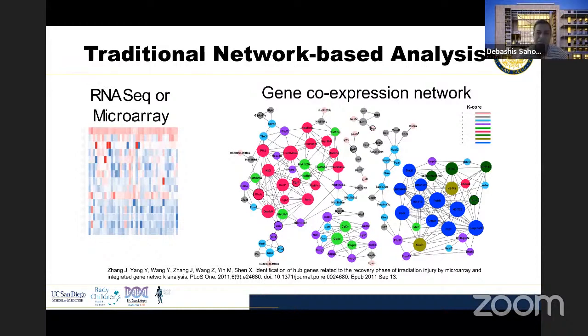Other groups build a really complex network of relationships. And they stare at this network and try to come up with the properties of the network and figure out which gene would be a better target for the disease.